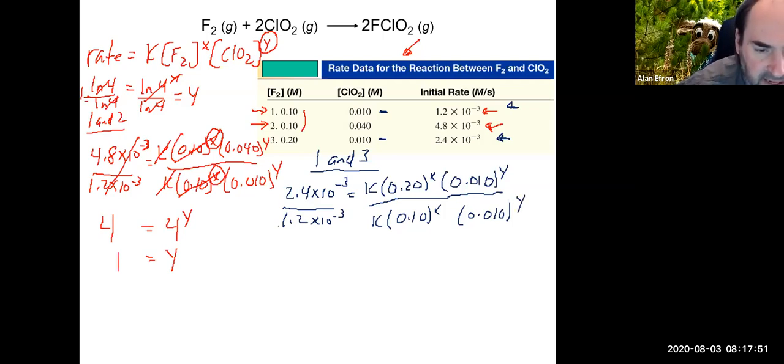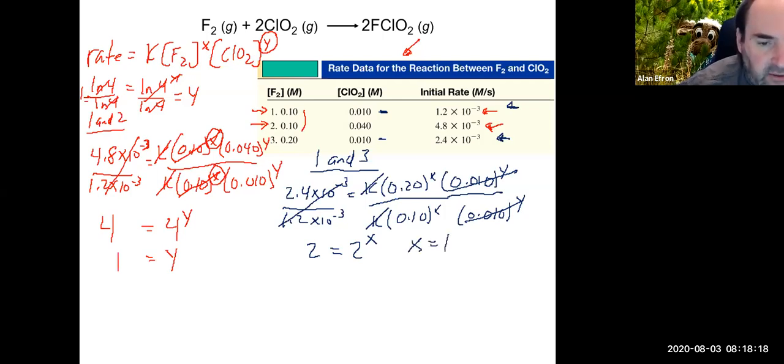If we divide here, that's going to be 2. Again, same idea. K, we don't know what it is yet, but K's do cancel. In this case, when we do the division here, we get 2 to the X. And again, over here, as we know, the Y is the same, so those guys are going to cancel. So same idea here. If we solve for it, you can see X is equal to 1.